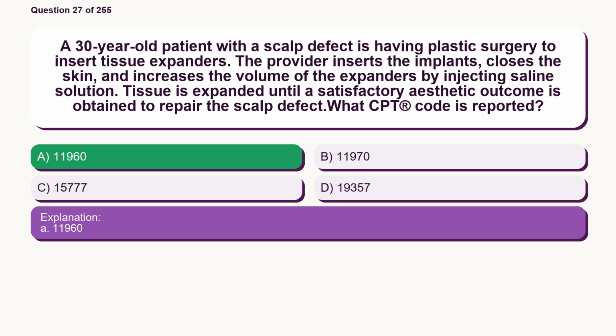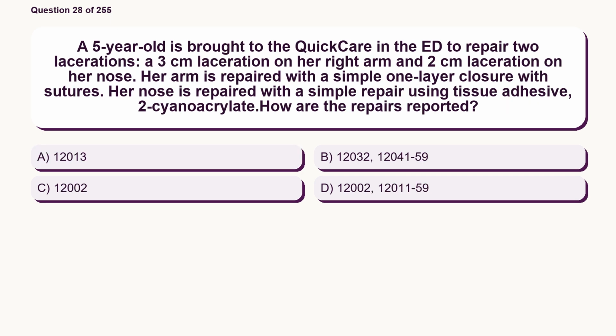Question 28. A 5-year-old is brought to the quick care in the ED to repair 2 lacerations, a 3 cm laceration on her right arm and a 2 cm laceration on her nose. Her arm is repaired with a simple 1-layer closure with sutures. Her nose is repaired with a simple repair using tissue adhesive, 2-cyanoacrylate. How are the repairs reported? Option A, 12013.